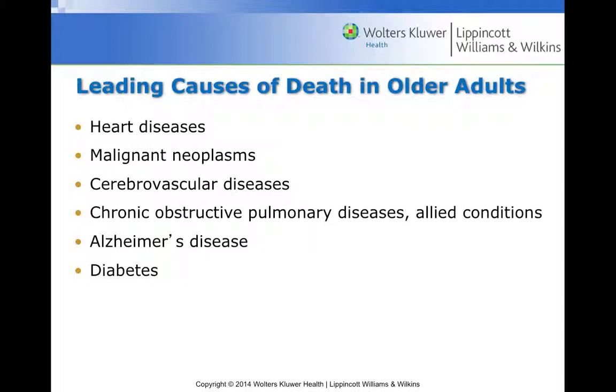So know that heart disease is the leading cause of death in not only women but in the elderly, and this is due to the loss of elasticity of the heart muscle and also the arteries. Preliminary analysis suggests that chronic lower respiratory disease has also risen to the third leading cause of death, and cerebrovascular disease is now the fourth leading cause of death among the population of adults.